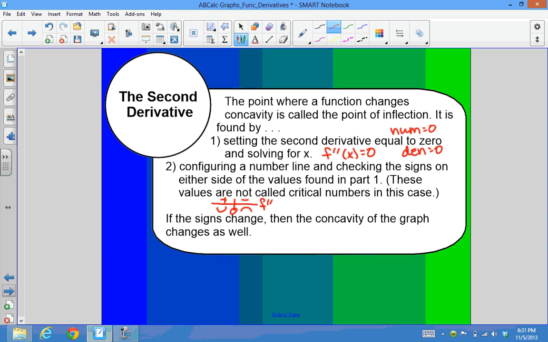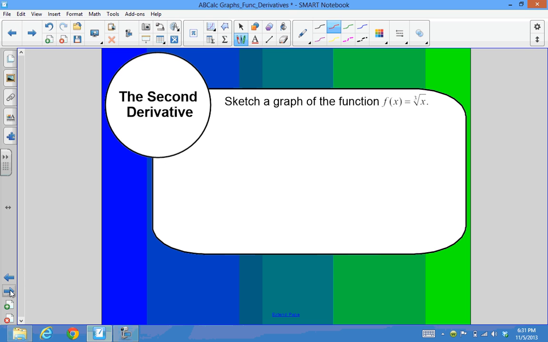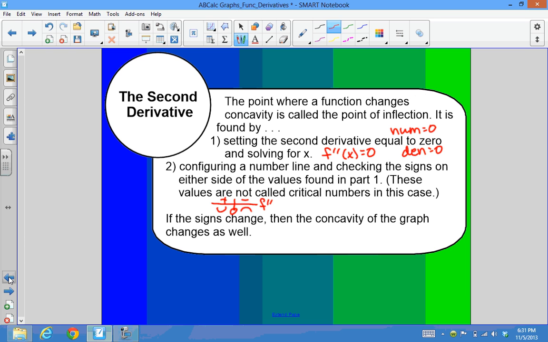If the signs change, then the concavity of the graph changes as well. That point where it changes is the point of inflection.